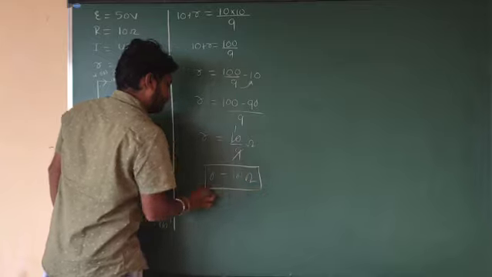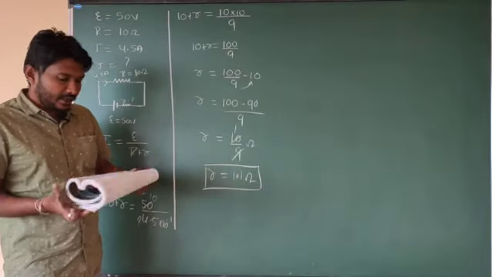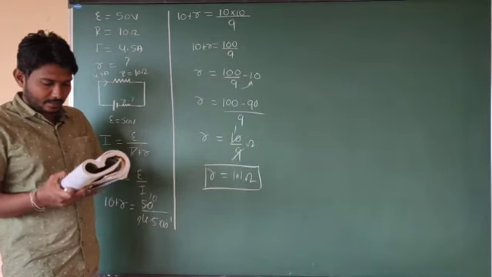So the internal resistance of the cell is 1.1 ohm.